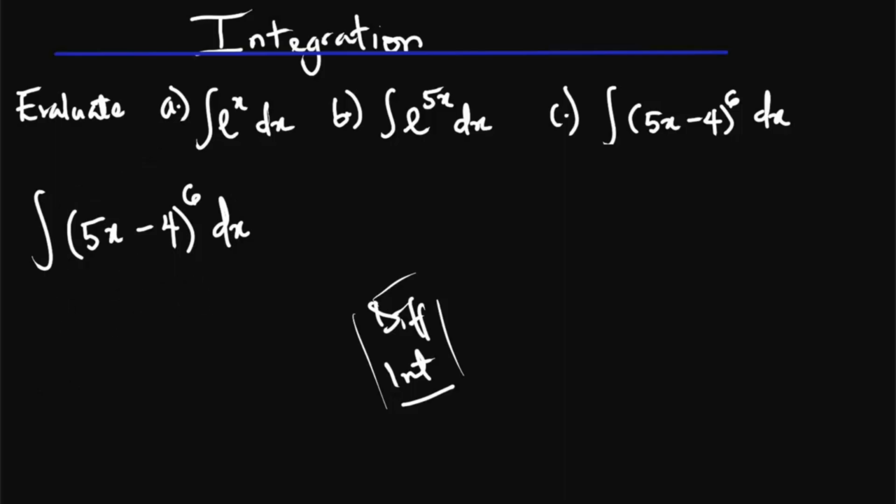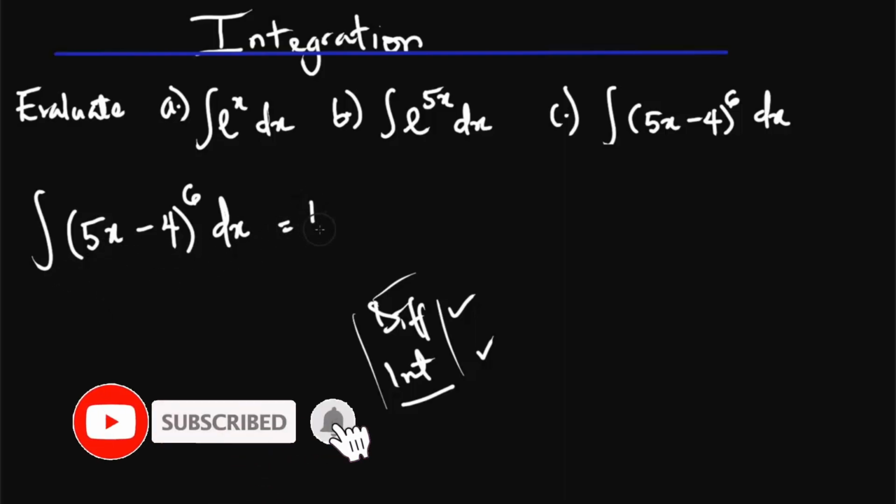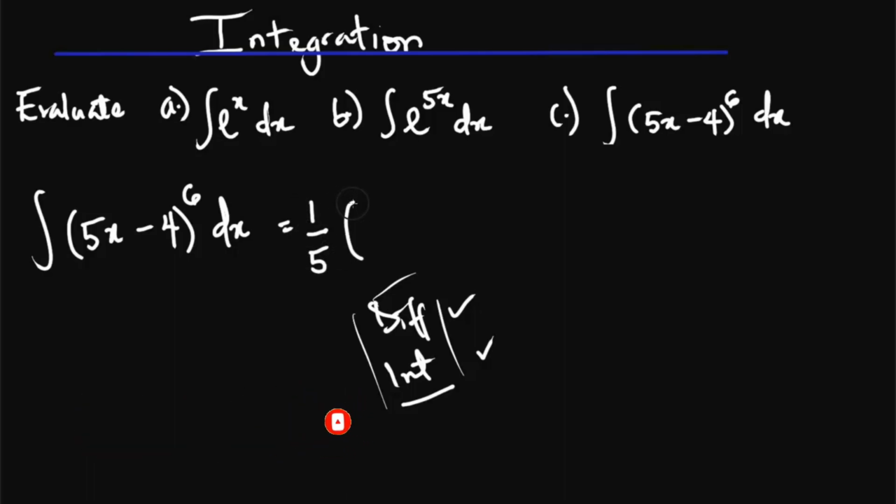We differentiate the inner function, and then we integrate the outer function as one function. When you differentiate 5x minus 4, we are going to have 5. In integration, what we do is divide, so we have 1/5, and then we integrate.